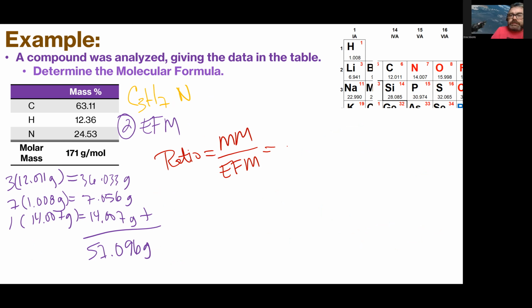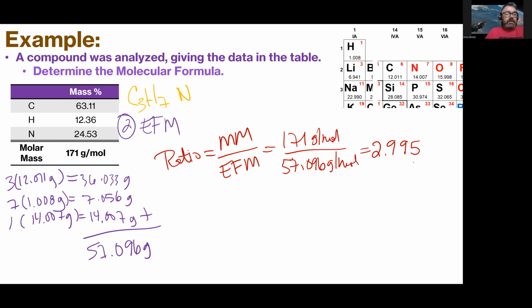If we have our molar mass we were given as 171 grams per mole, and we just figured out our empirical formula mass is 57.096 grams per mole, then 171 divided by that is 2.995, which nicely rounds to 3.